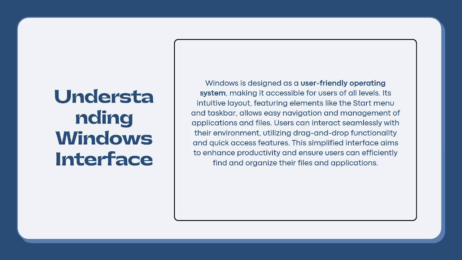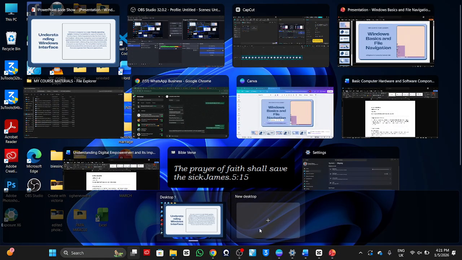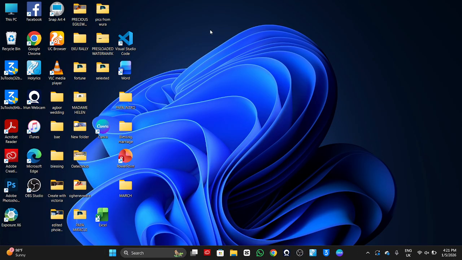For us to really understand this, I'm going to close this slide now so that I can show you what this means. I'm going to open a new desktop. So this is an interface. This is the desktop, right? Remember, the Windows interface is about drag and drop. So I can move this folder here, move this here.